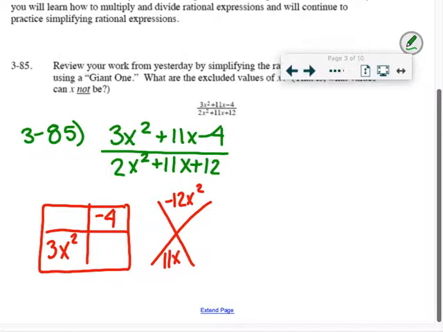So now I'm wondering, what multiplies to negative 12 adds to 11? 12 and negative 1, thank you. Okay, so then I'm just going to go ahead and fill these in.